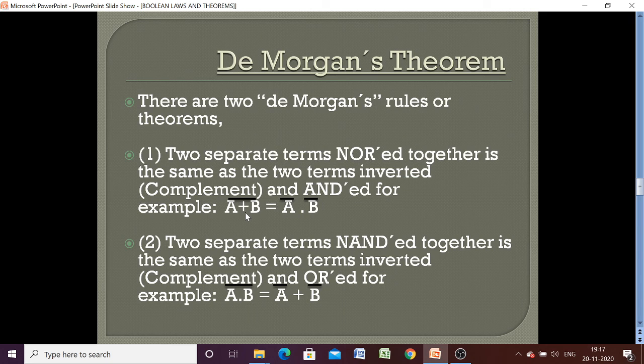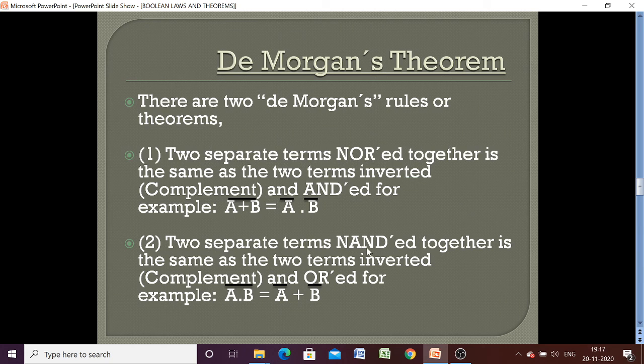Dual means the plus will be replaced by dot and dot will be replaced by plus. So here plus has been replaced by dot and here dot has been replaced by plus. Similarly, it states that two separate terms NANDed together is the same as the two terms inverted and ORed.